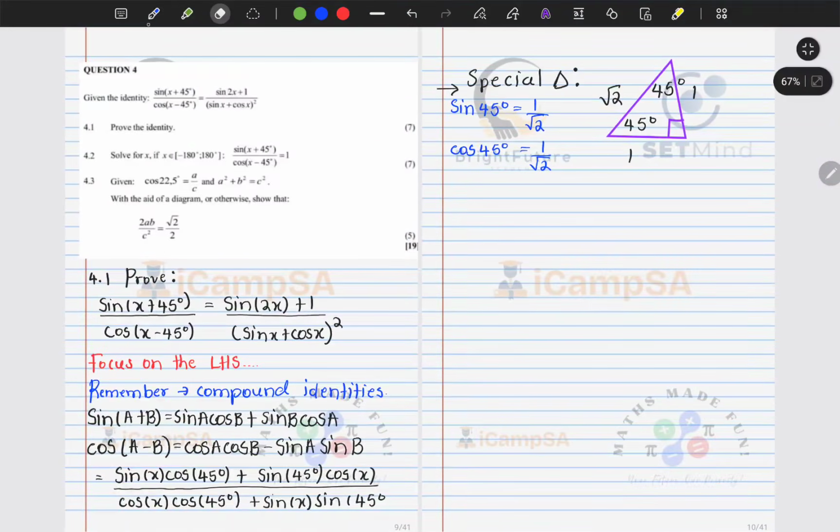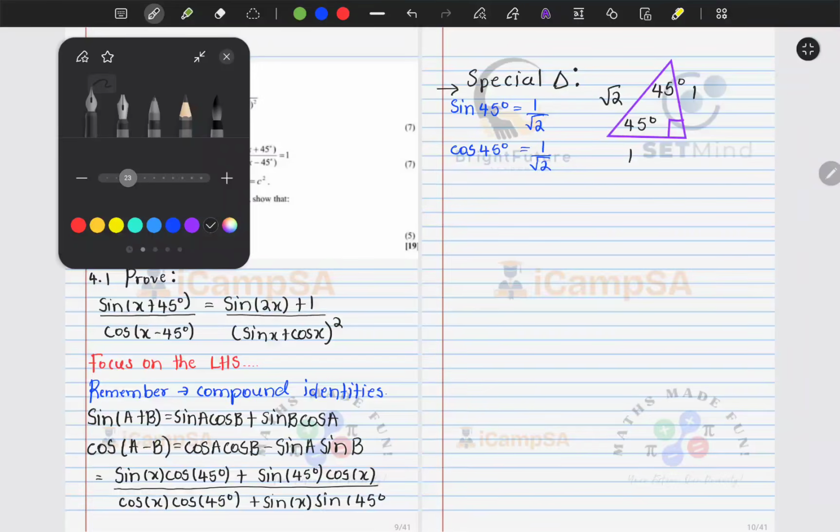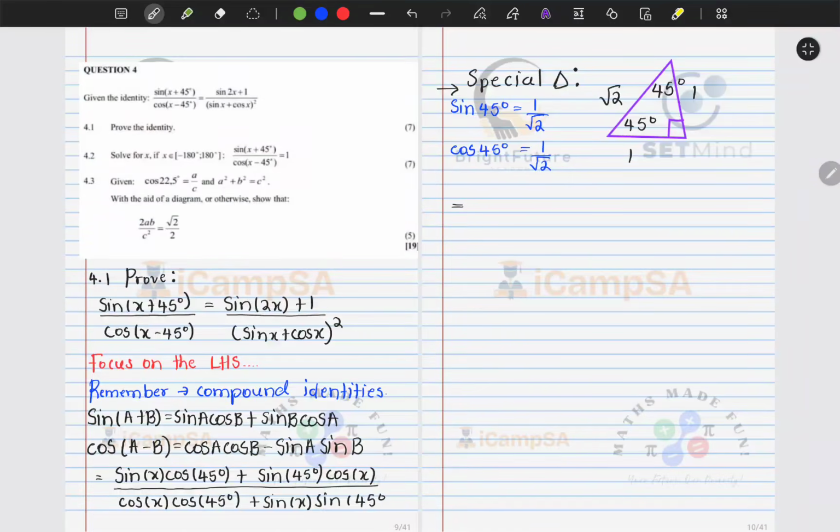Now let's go ahead and simplify the problem we have. It will be equal to sine x times cos of 45, which means we end up having sine of x all divided by square root of 2, and then plus sine of 45 times cos x, which ends up as cos x divided by square root of 2, and all of this is divided by our denominator.